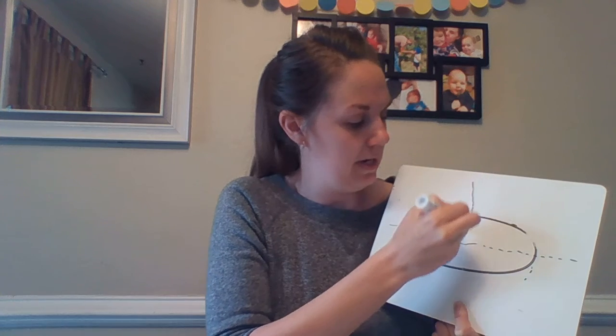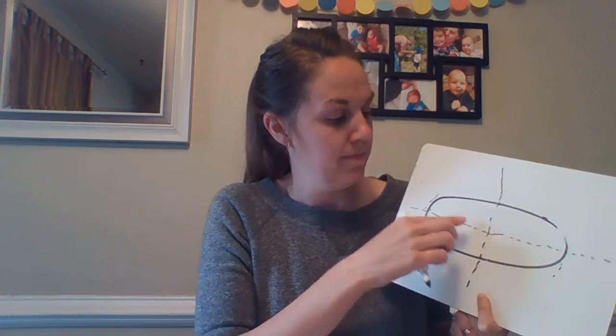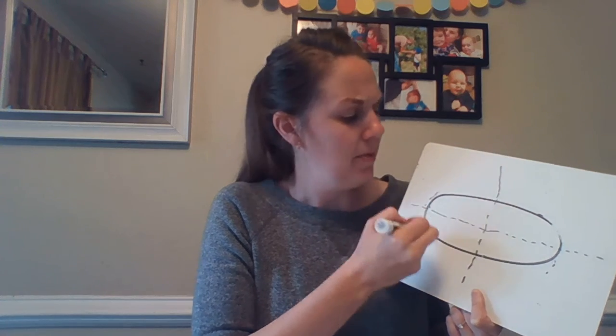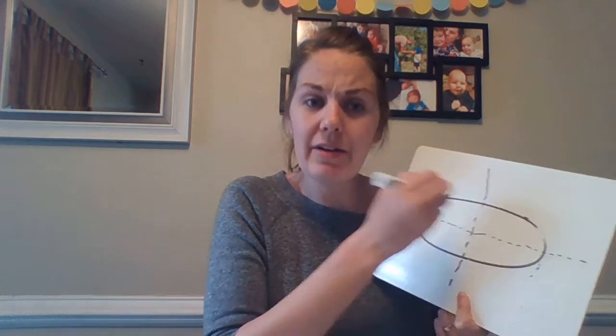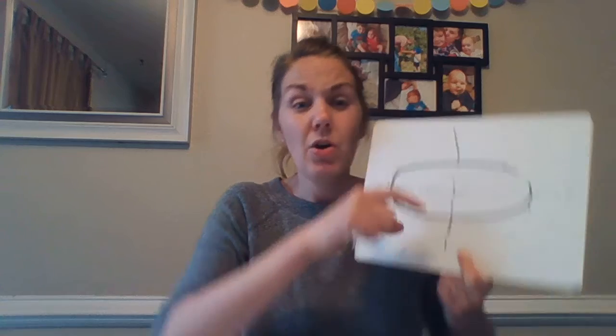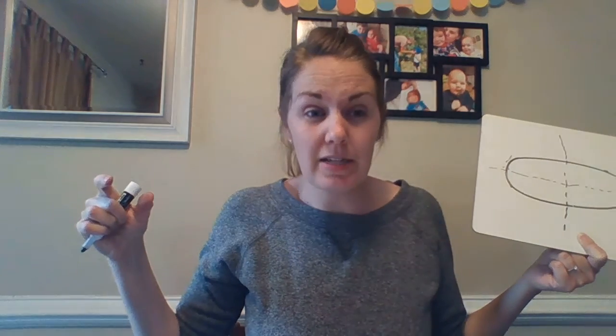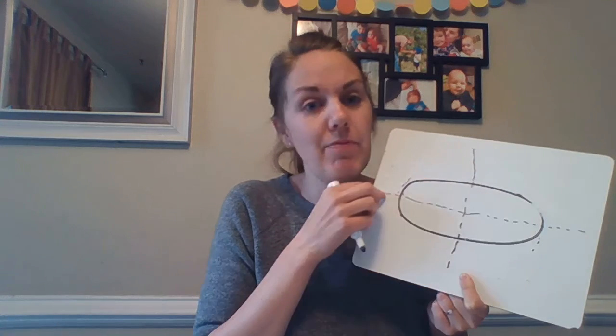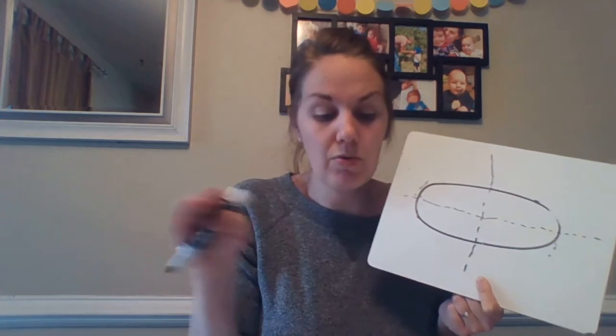And we can fold it in half like this, so that both of these halves would fall on each other. But we can't do it along the diagonal. So just like with the rectangle, where we have longer sides on some sides and shorter sides on others, we really can only have 2 lines of symmetry that would go across each part of the ellipse.